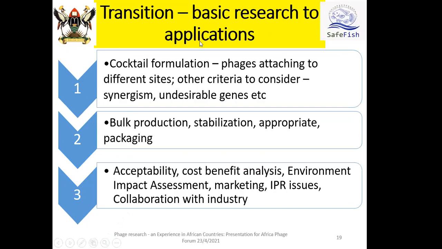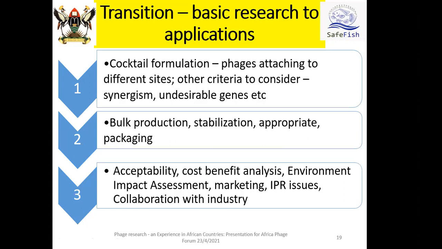Then transitioning from basic research to applications. So we are talking about cocktail formulations, but evaluating or characterizing these phages is still a challenge to us. No transmission electron microscope amongst us.